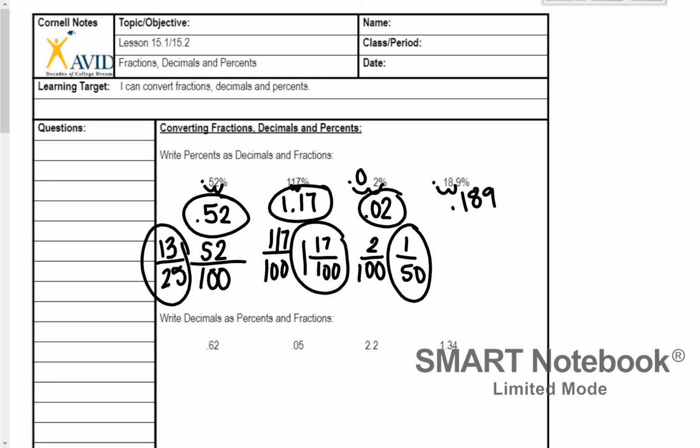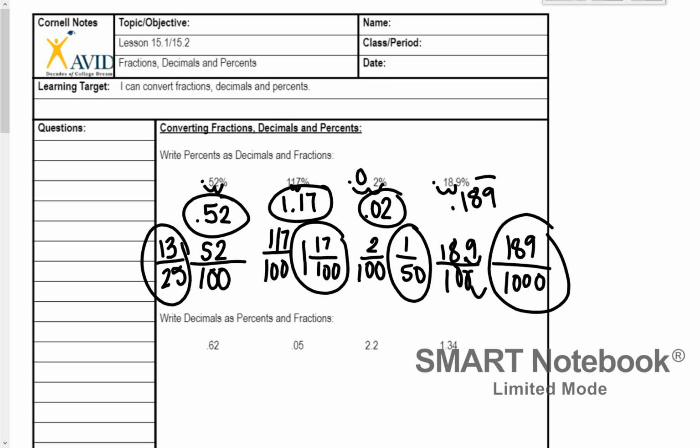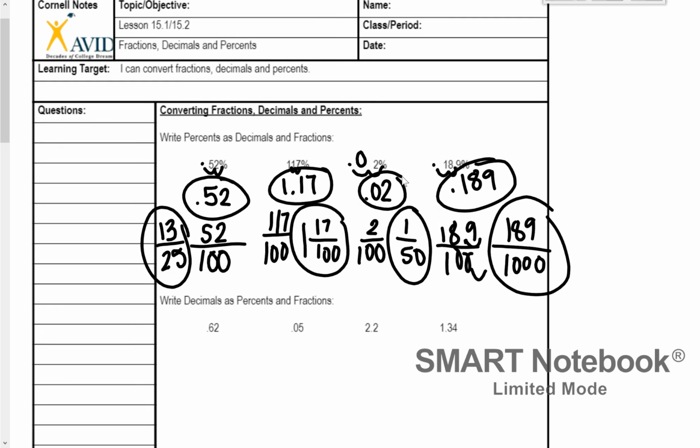It's 189 over 1,000, or I can show you how to do it. We'd put 18.9 over 100, but we can't have a decimal in a fraction, so we'd want to multiply by 10 to move that decimal over. If we move the decimal over on the top, we have to do the same thing on the bottom. So it becomes 189 over 1,000. All right, so that's how we make percents into decimals and fractions.